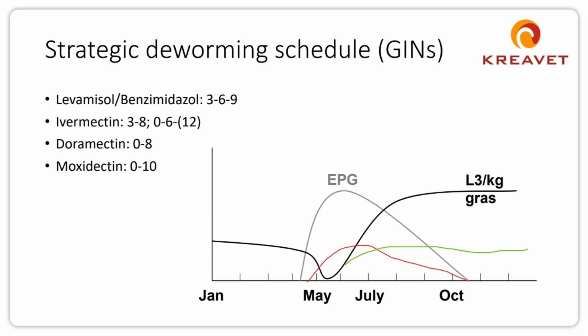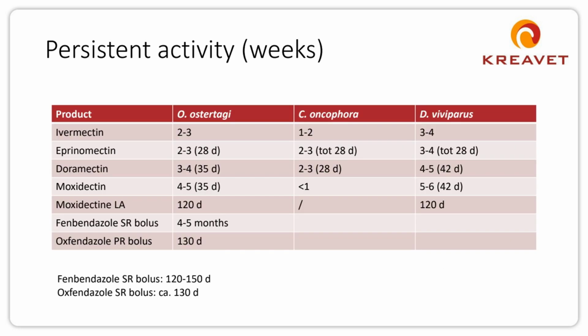For instance, with the longest remnant effect for moxidectin, which resulted in the 0-10 treatment schedule. And here are the persistent activities in weeks against the most important nematodes for the different drugs.